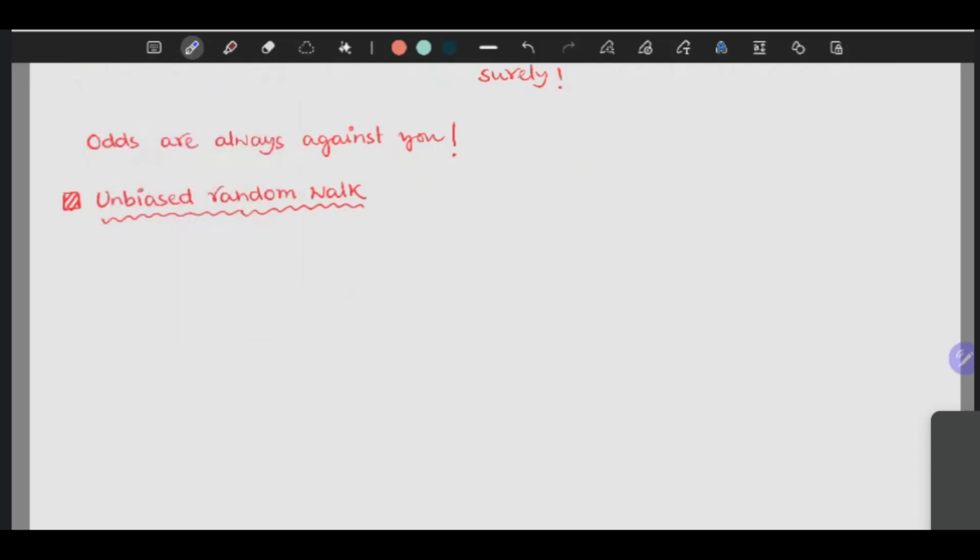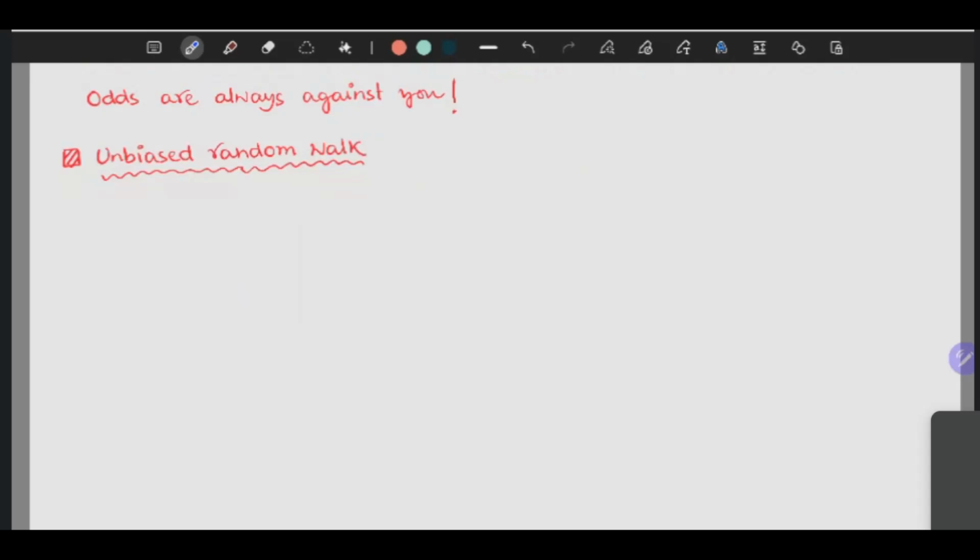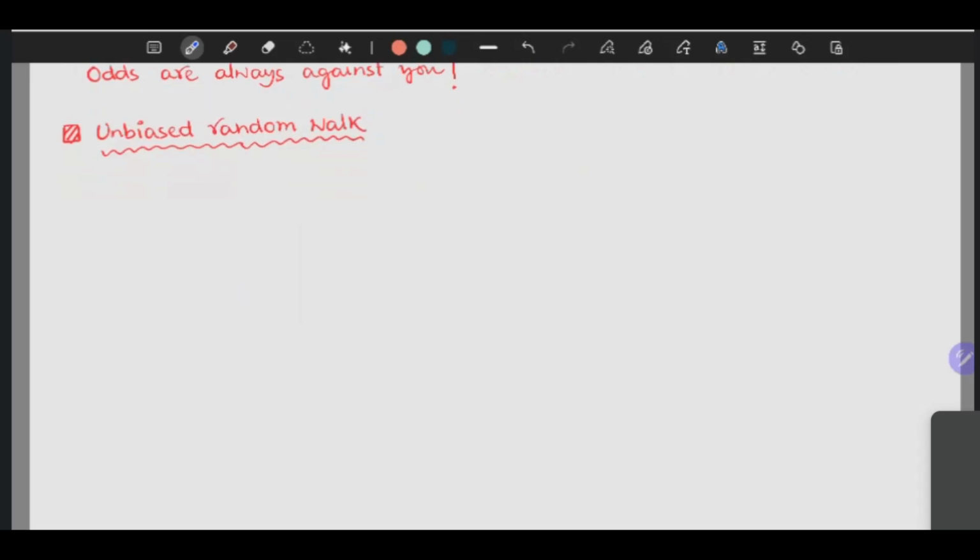Let's say you are choosing black and red, playing roulette. The winning probability is P, and losing is Q, and P is less than Q. Okay.